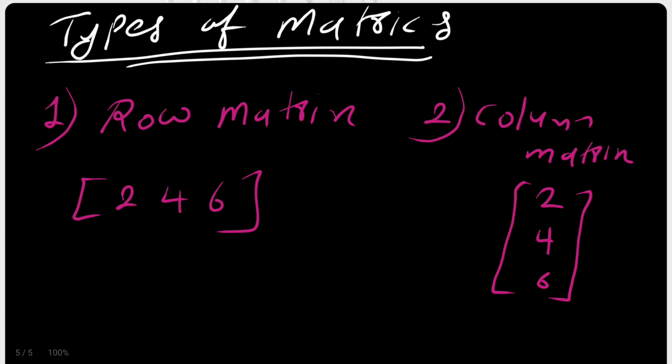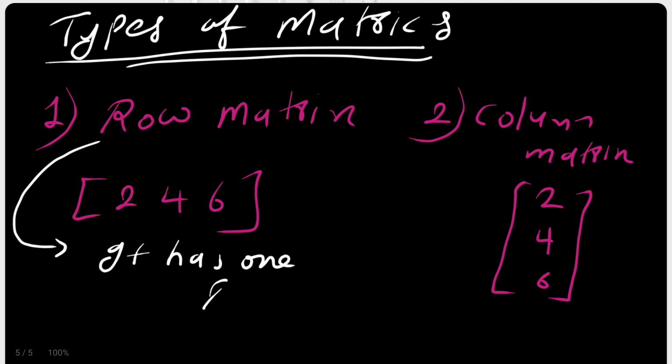But what is the definition of row matrix? Row matrix means it has one row, it has only one row. In a row matrix it has only one row, it doesn't have 2 rows.